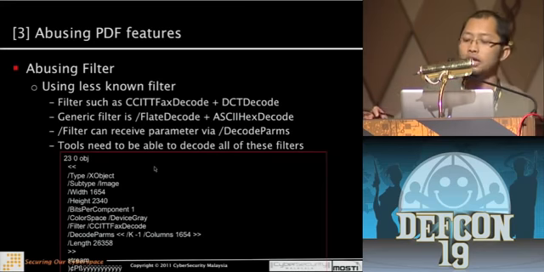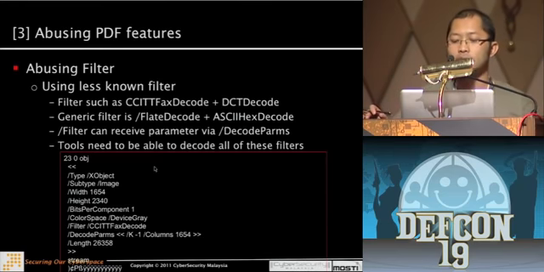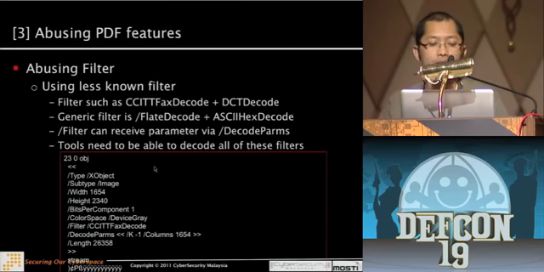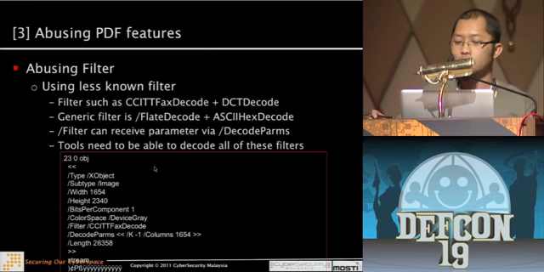If you use a less known filter, for example CCITTFaxDecode and DCTDecode, there is a high chance your malicious PDF will not be detected. In general, you normally have FlateDecode, ASCIIHexDecode, ASCII85Decode, and JBIG2Decode.